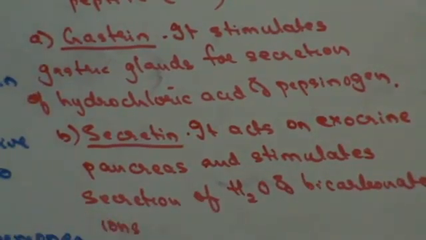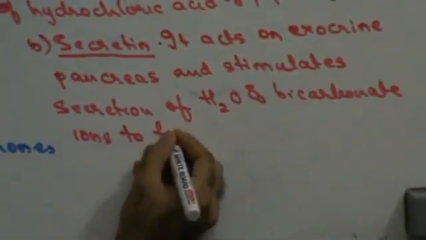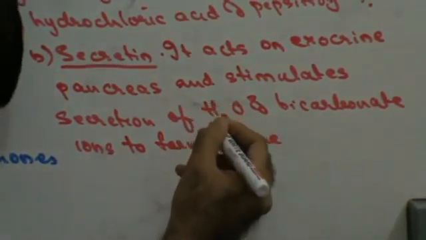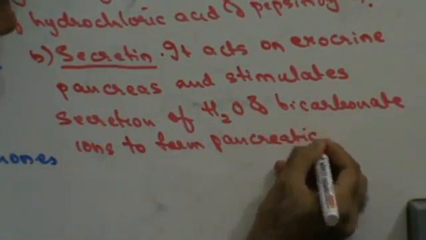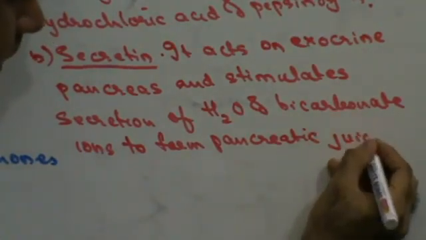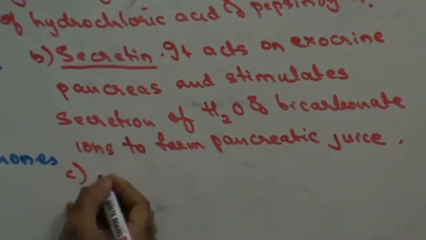These are the 2 things that are generated to form pancreatic juices. Fine, that is secretin.